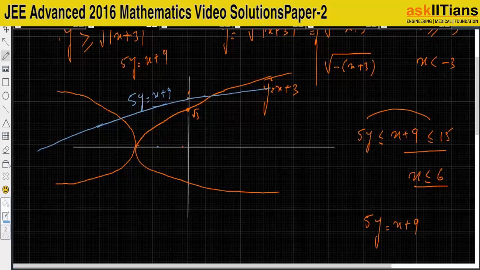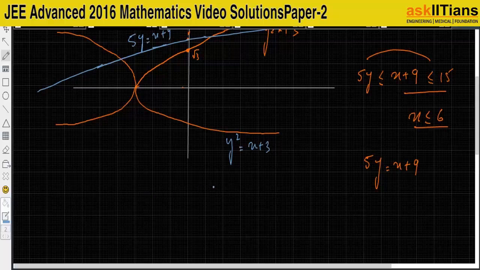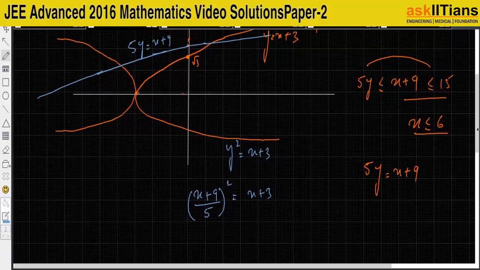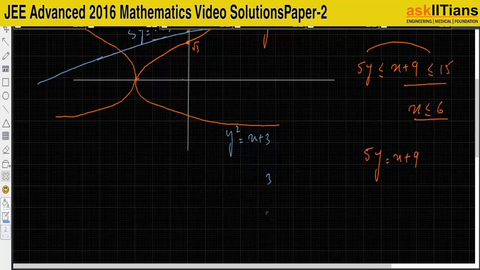And also, what will be the intersection point? Let's find out the intersection point. This curve is y square equal to x plus 3 and 5y is equal to x plus 9. So from here, the intersection point will come out from x plus 9 by 5 whole square equal to x plus 3. Or I can simply put the value of x and first find out the value of y.